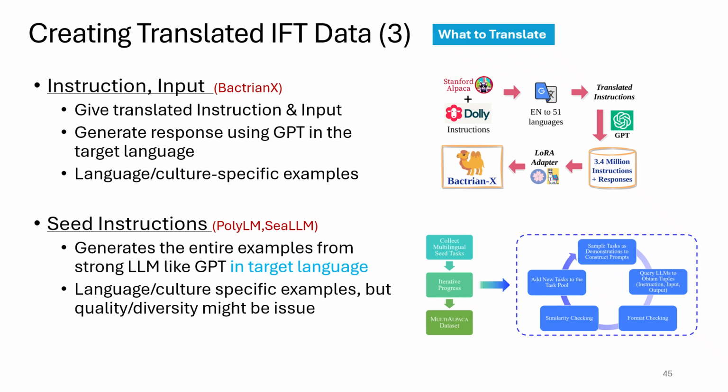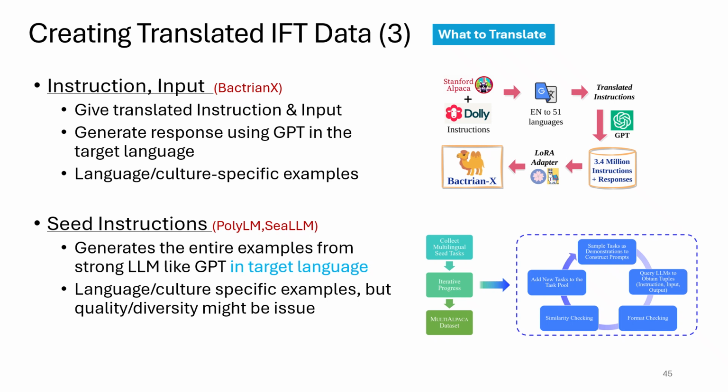The other way is to use some seed instructions, generate some entire native language examples, and then use a language model like GPT to generate entire examples in the target language itself.